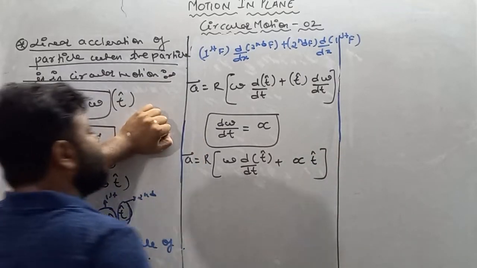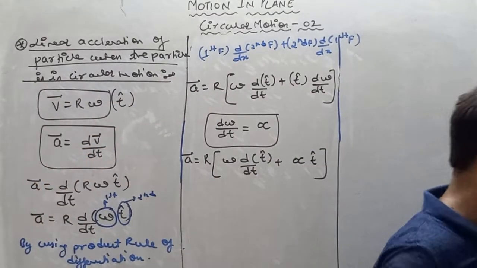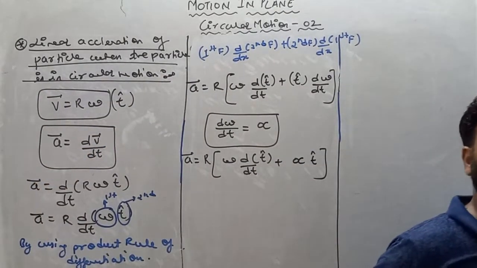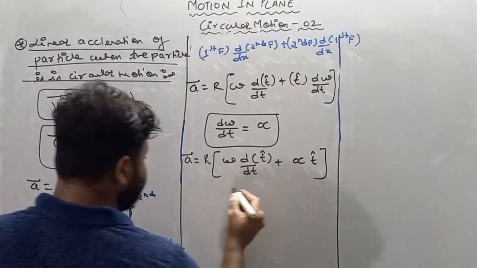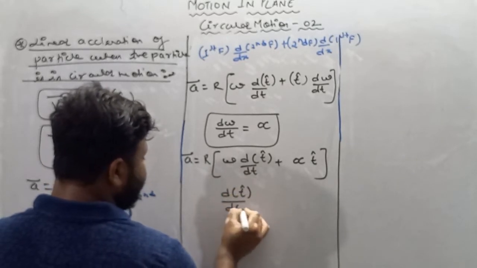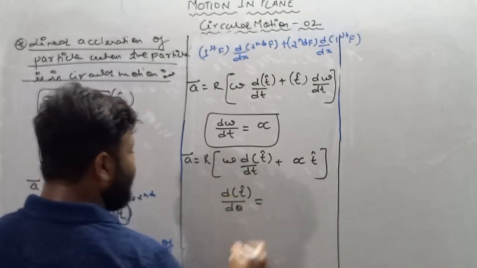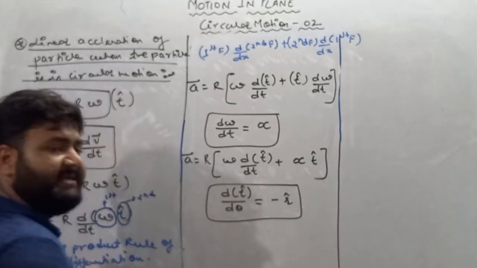My dear student, there is a relation between the radial unit vector and the tangential unit vector. I hope you are all aware of that because we covered that topic in the previous lecture. If you differentiate the tangential unit vector with respect to theta, you'll get minus r cap, the negative of the radial unit vector.